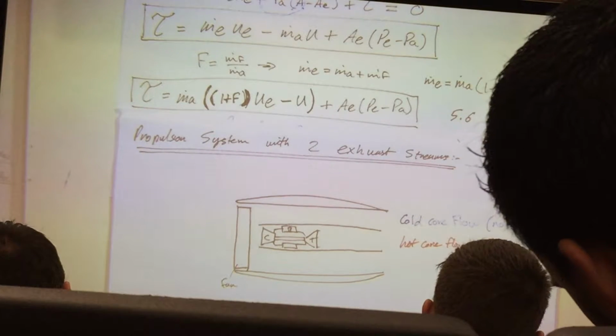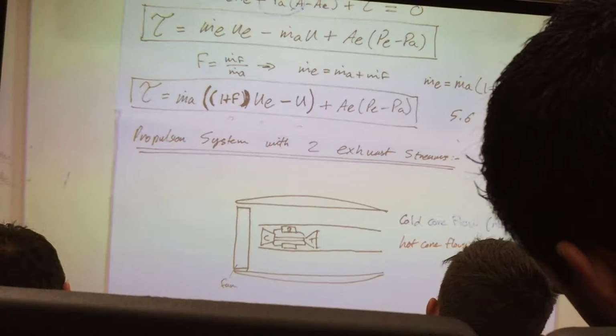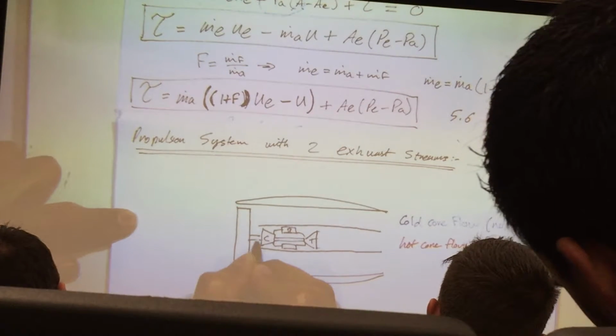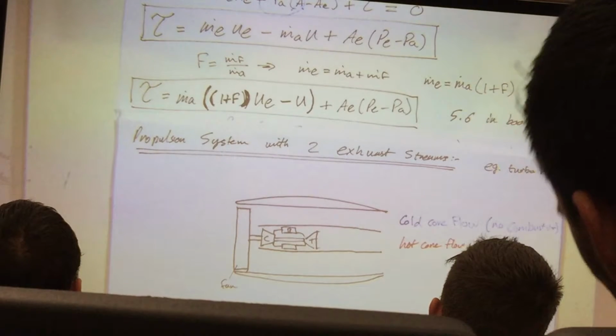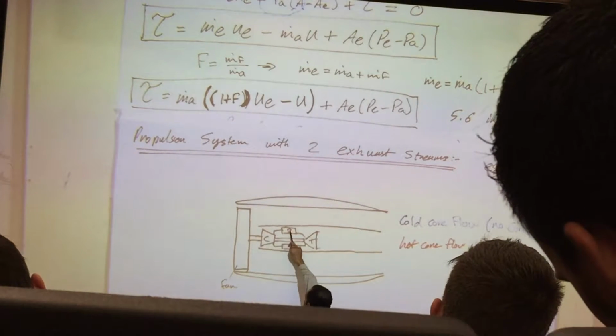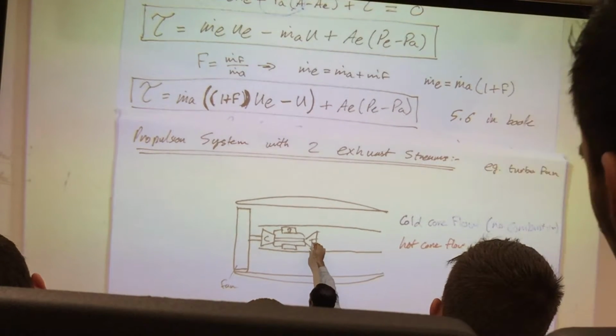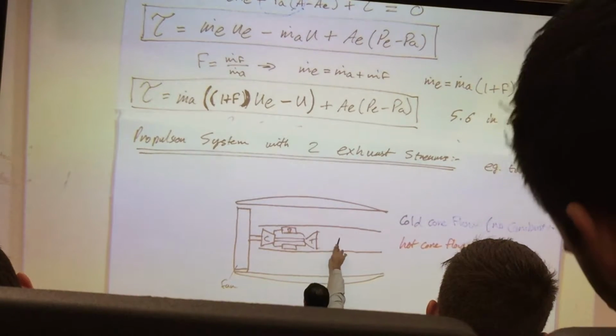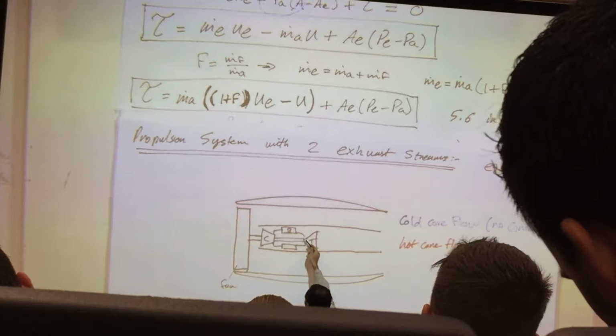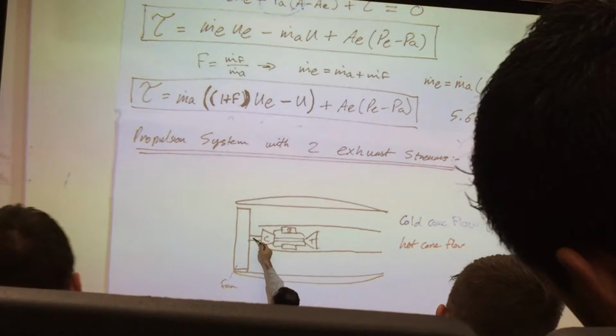So what's happening is, oh, I forgot to do the shaft. So what's happening is you're spooling up your compressor, you're burning inside the burner, you're generating expansion through your turbine, which is spinning, and you're getting high velocity here, but you're also driving the shaft that does work.